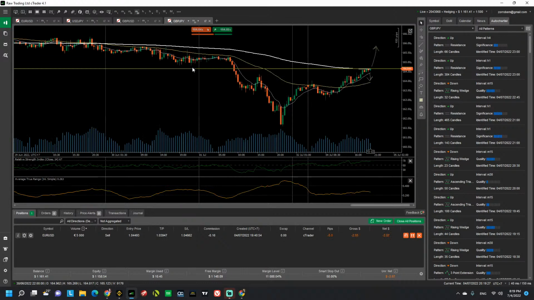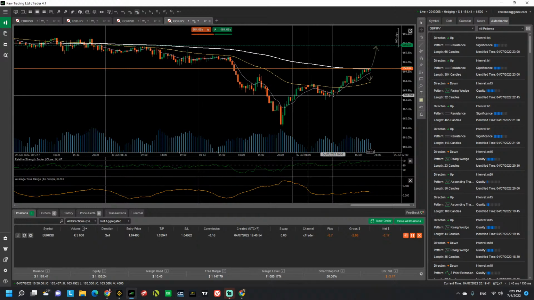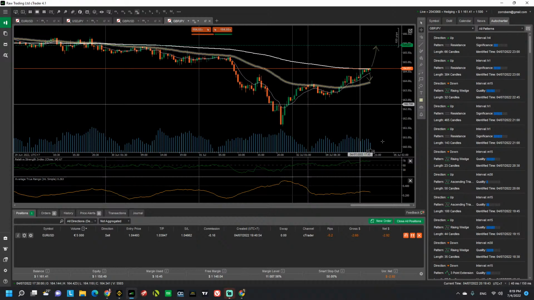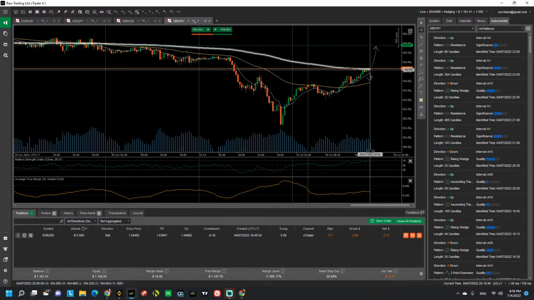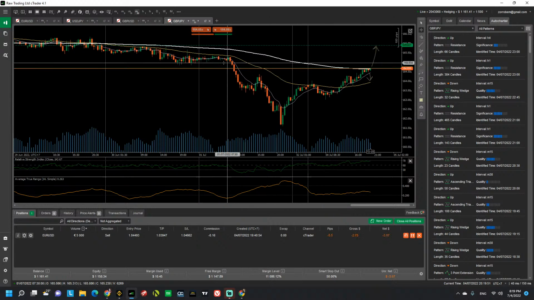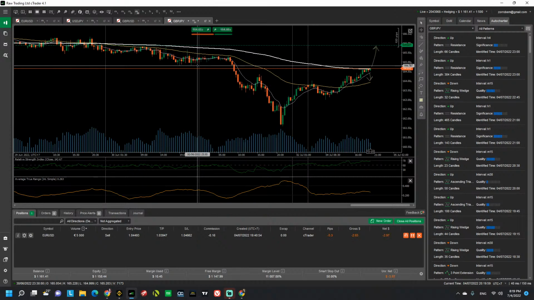Let's see in the 30. So somehow it's still on the moving average, but it's still going up. How big is this now? It's already about 160 pips. I think there's still a leg down.